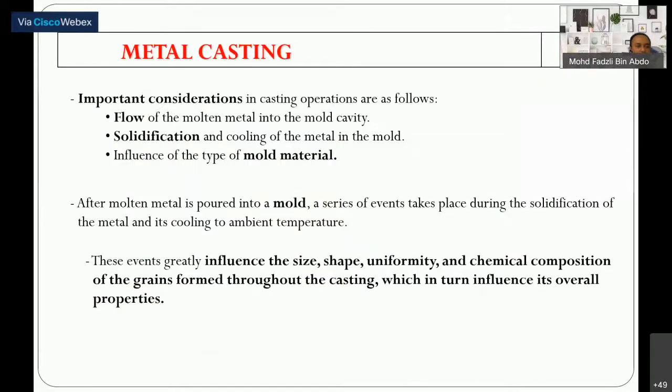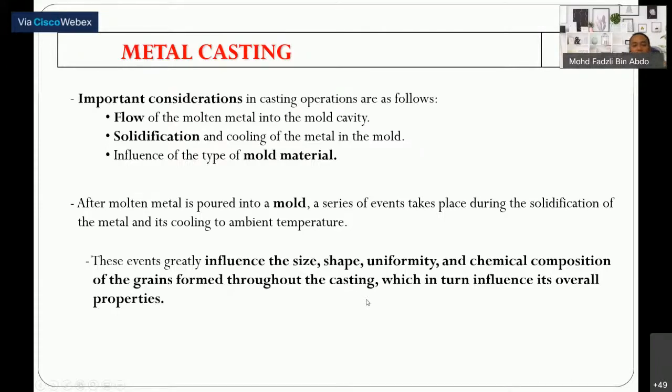Okay, these are the important considerations in casting operation as follows. Flow of the molten metal into the mold. Ini tadilah yang saya cakap tadi. After the molten metal is poured into the mold, a series of events takes place during the solidification of the metal and its cooling to ambient temperature. This event really influences the size, shape, uniformity, and chemical composition of the grain formed throughout the casting, which in turn influences its overall properties.